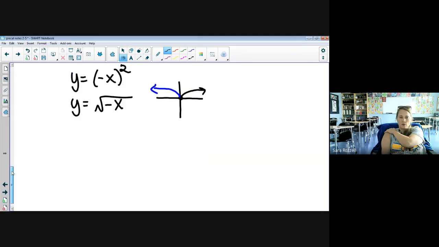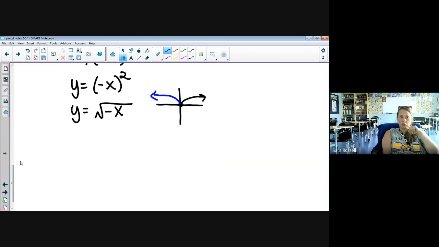So the next thing that we have are our vertical stretch and compressions and our horizontal stretch and compressions. And those are the last two transformations before we put them all together.